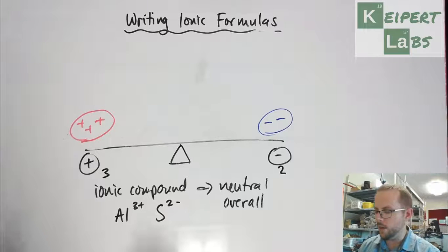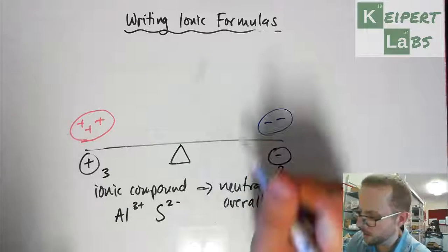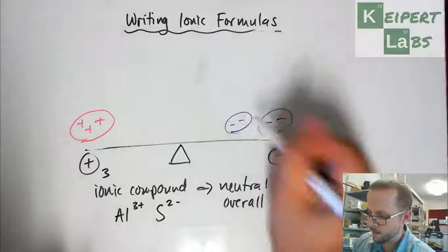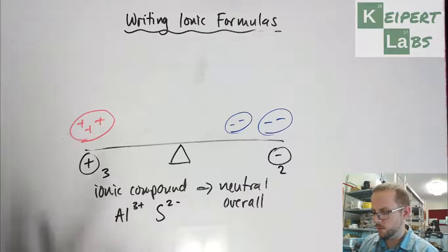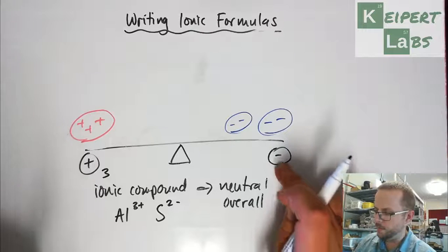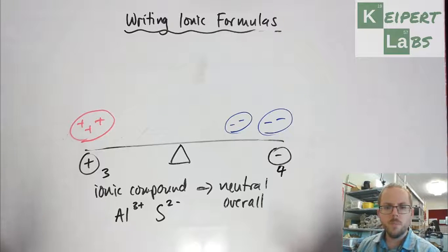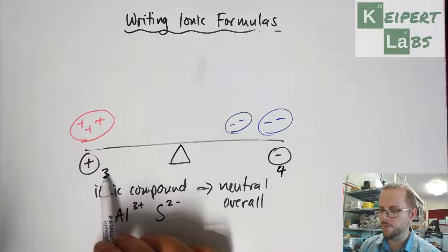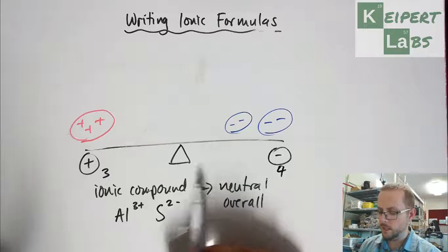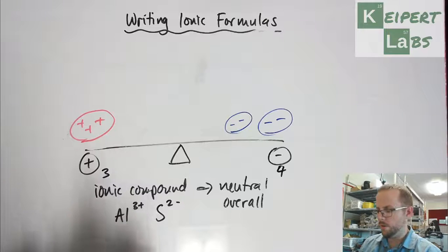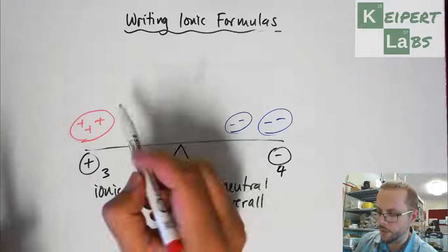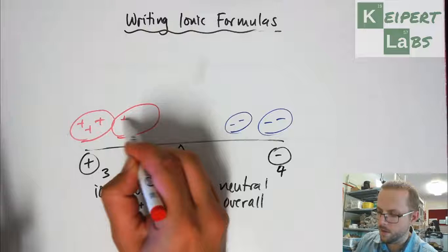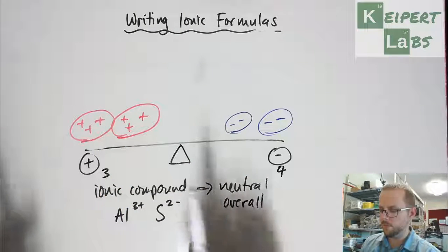Okay, so let's say I've got a lower number over here. Let's say I add a second one. Okay? So what I've done now is I've changed this, and so I have 4. But the reality is that I've added 1, but now I have 1 extra negative charge, and so I have 3 pluses. Okay, so let's say I'm going to add a second one of these to keep going.